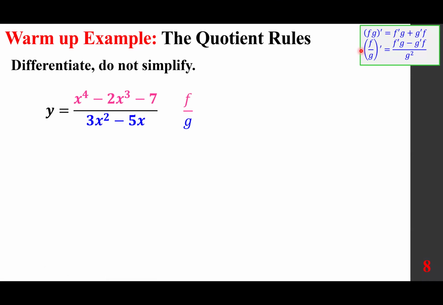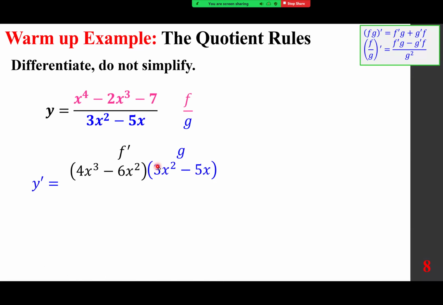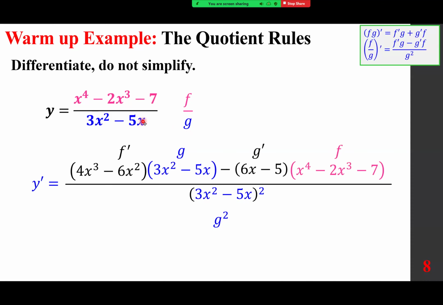So f prime, so we have y prime equals a huge fraction bar. F prime is 4x cubed minus 6x squared times g, the blue function, minus g prime 6x minus 5 times f, the red function, over g squared, just the blue function in the parentheses, and square it, and we're done with calculus.